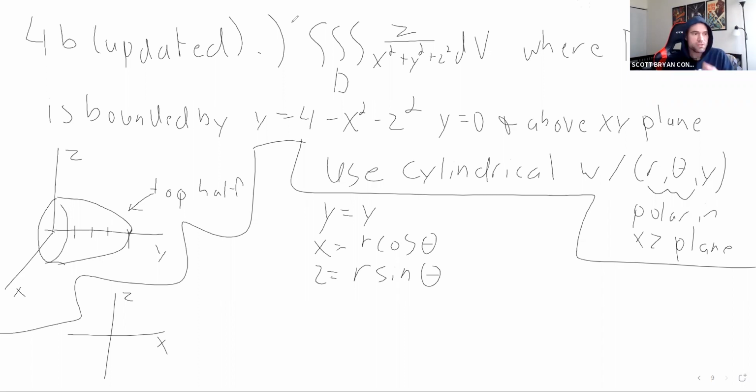Okay, so here's how this is going to work. So let's find the bounds for y.